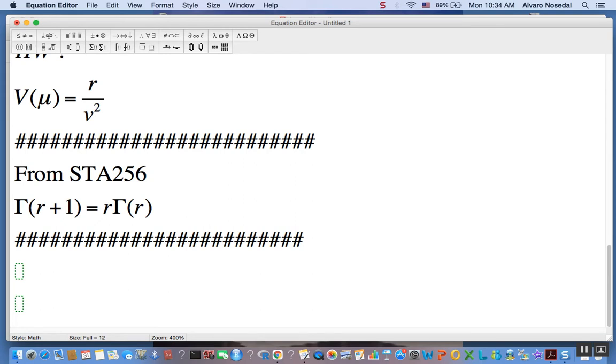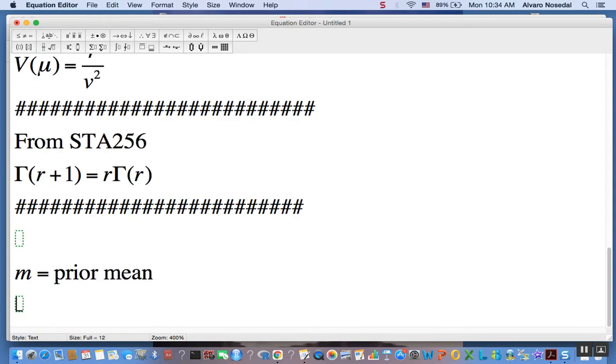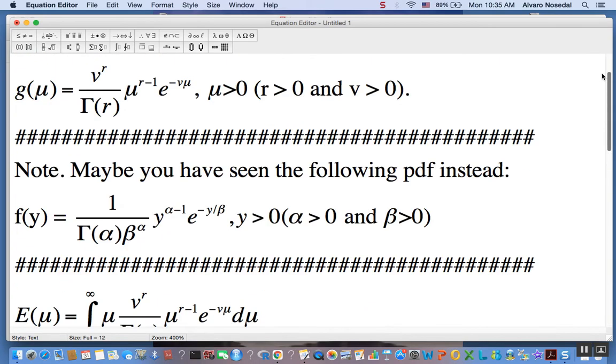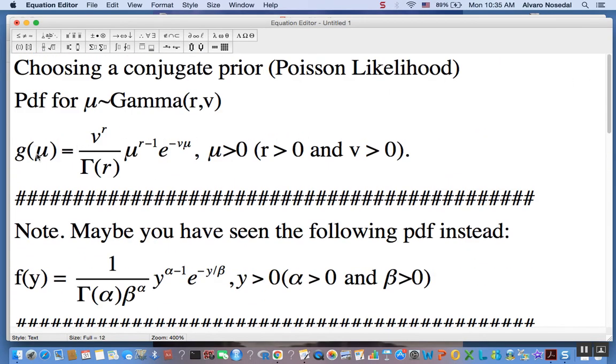So the idea will be the following. Let m be your prior mean. You have a particular value for the mean in mind, one that reflects your initial beliefs about that parameter mu that we are interested in doing statistical inference on.